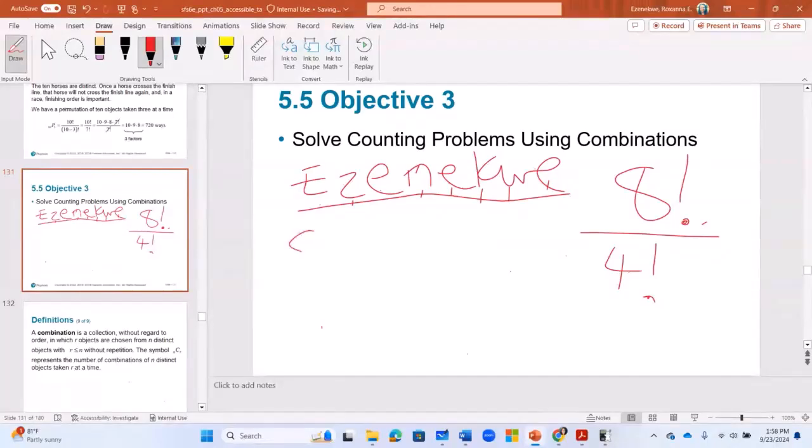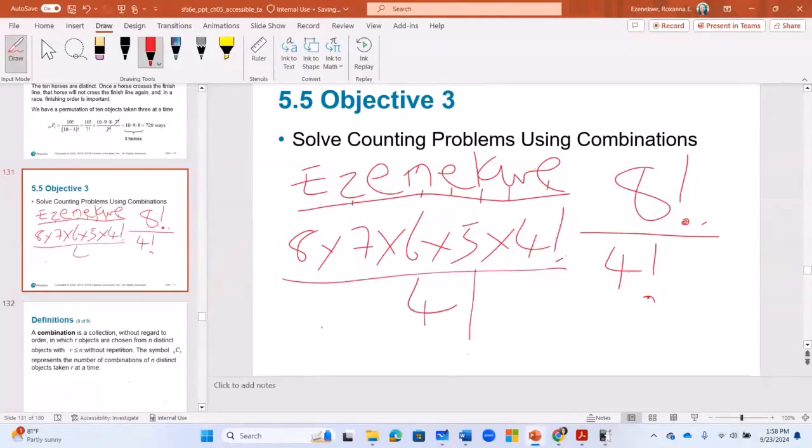So now I can say 8 times 7 times 6 times 5 times 4 factorial, divided by 4 factorial. 4 factorial cancels 4 factorial. Therefore, there are 8 times 7 times 6 times 5 different ways of arranging my last name Ezenekwe.